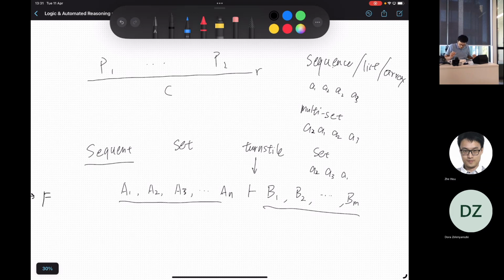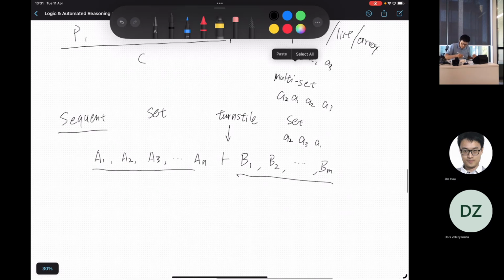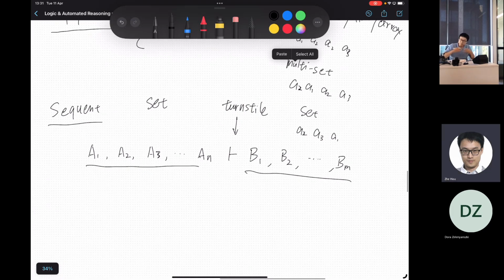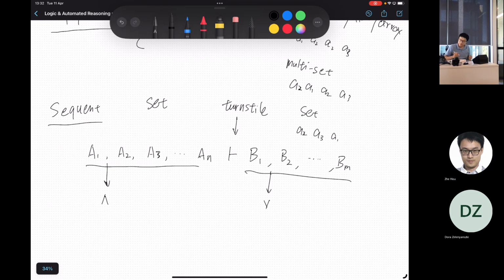And now we've got the concept of a sequence. We can actually map it to a logical formula. The way you interpret a sequence is that every comma on the left-hand side is a conjunction, and every comma on the right-hand side is a disjunction. And this turns out to be an implication.